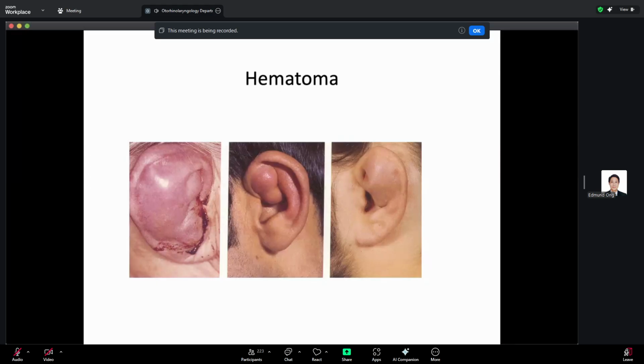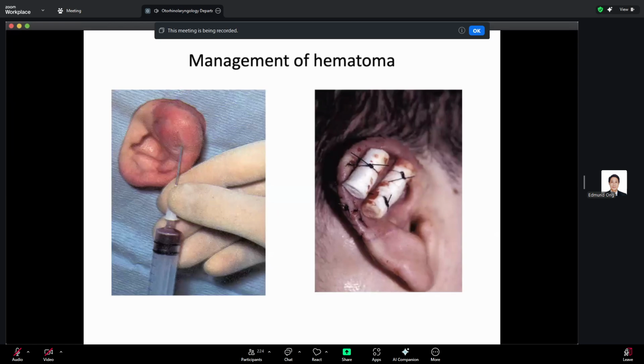Otherwise, it can get infected again because of the decreased vascularity of the cartilage of the pinna. It can result in necrosis of your cartilage, and of course, again, it leads to your cauliflower ear or deformity of your pinna. So when you have patients like this, what you need to do is evacuate the corresponding problem. If it's blood or seroma or abscess, you need antibiotics aside from evacuating or incision and drainage. Next.